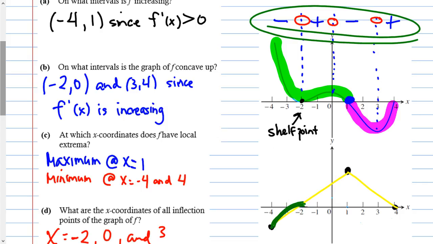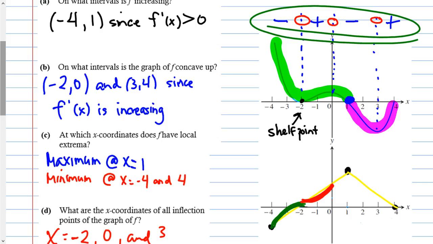And then I'm going to do red for concave up so you can see the difference. From negative 2 to 0, it's a happy face, concave up. Now, I still have to be strictly increasing, because from negative 4 to 1, I should be increasing. So I'm doing my very hardest to not make this look like it's ever decreasing.